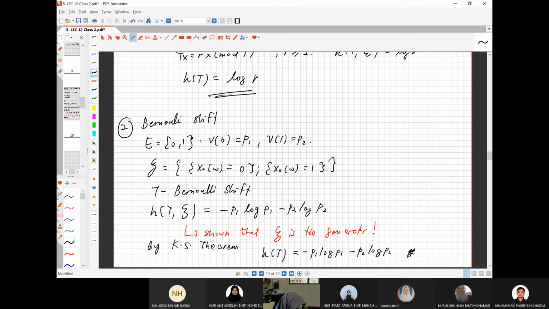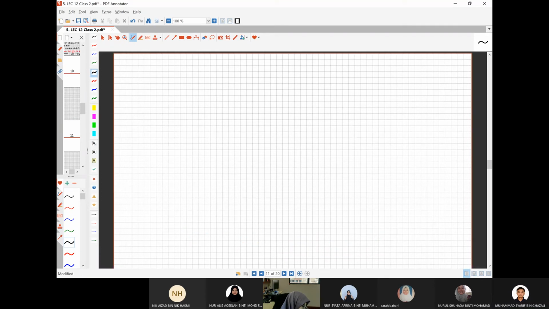Okay. Let's say for particular case, for Bernoulli shift also, if you have P1 equals to P2 equals to 1 over 2, then your entropy of T or the entropy of the Bernoulli is equals to log 2.